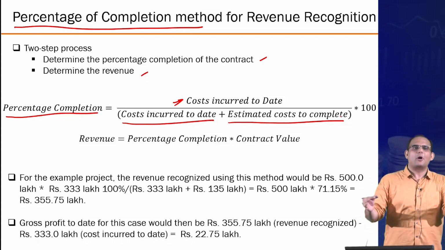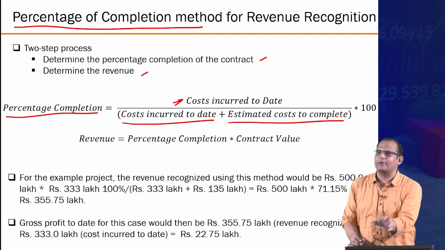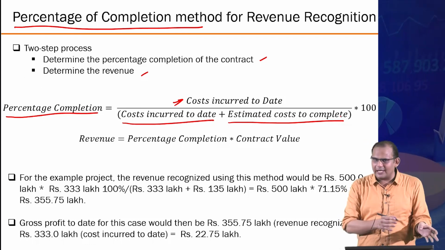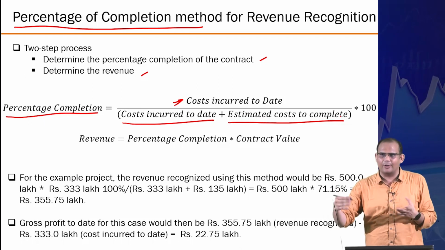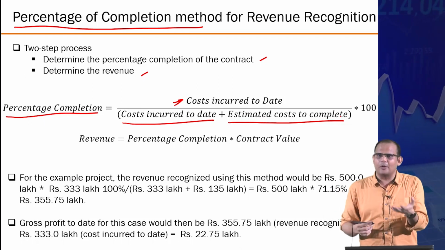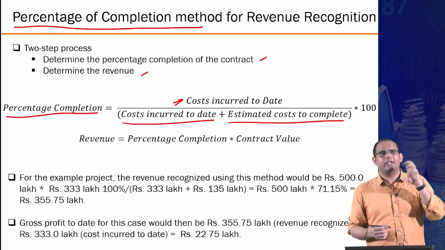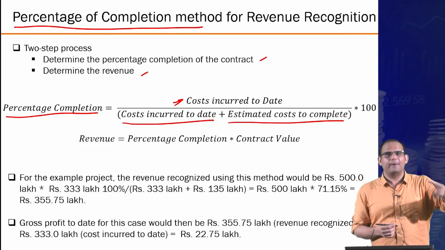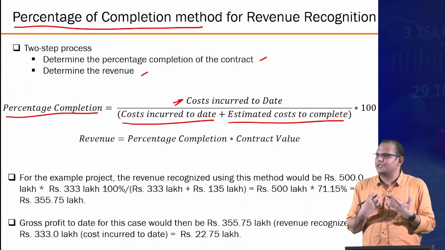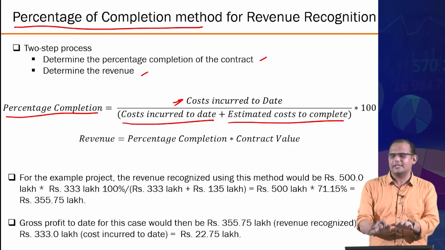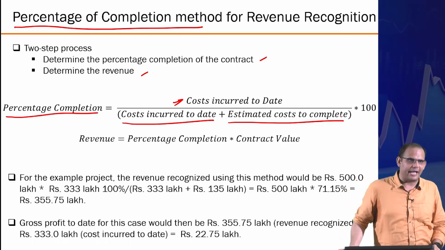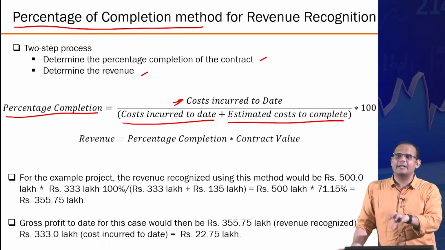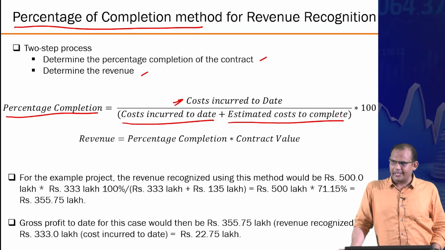There's nobody stopping you from doing that: amount billed to date versus amount billed to date plus the total amount that you are expecting to raise further, right? All those things are there. But the amount billed is a little bit not in your control. That's also dependent on the client. Cost is something that you are realizing as a contractor. So this method is better, a more reliable estimate you could have from these numbers. You will be easily estimating these numbers all the time, right?